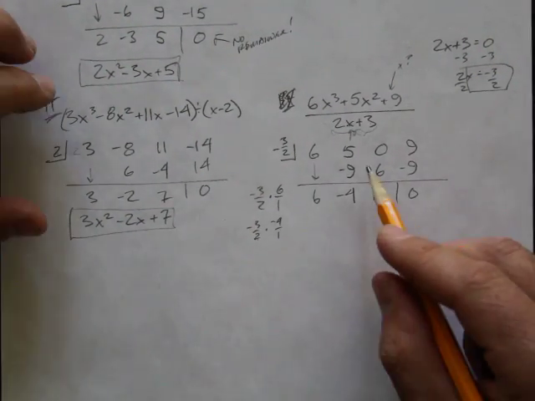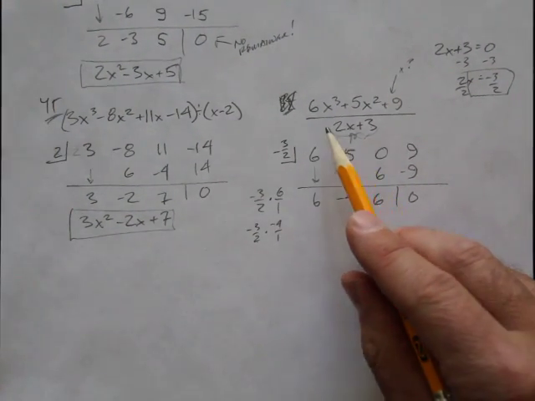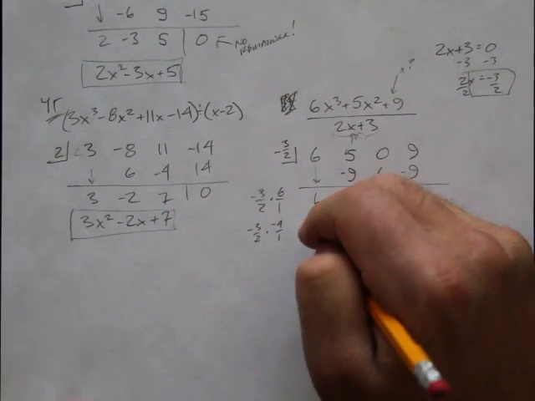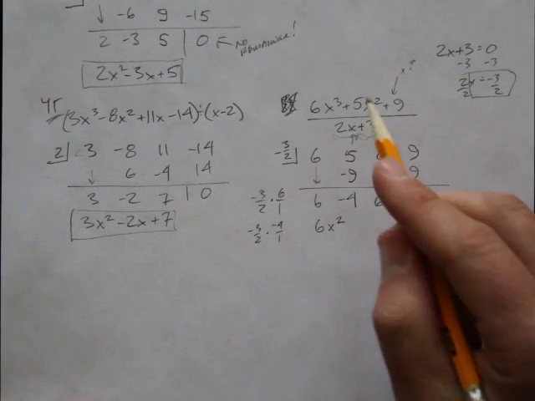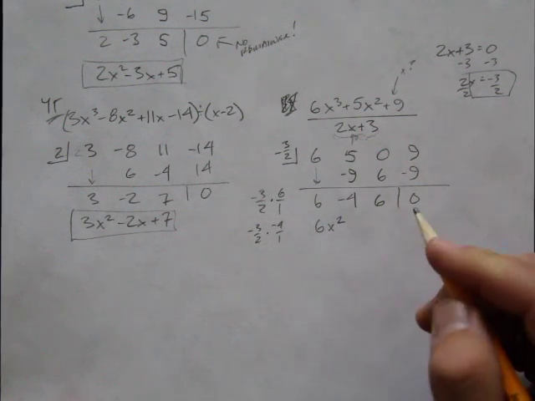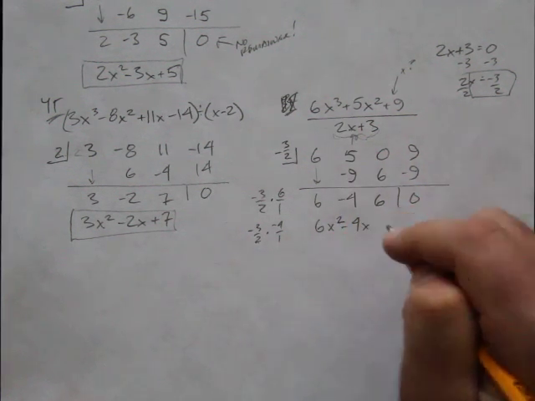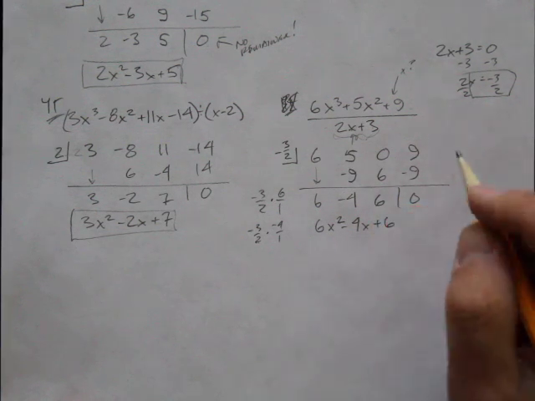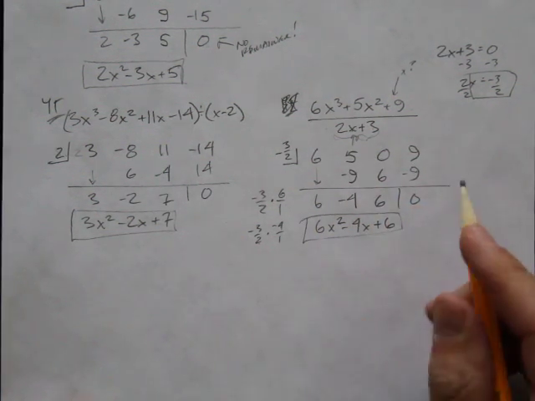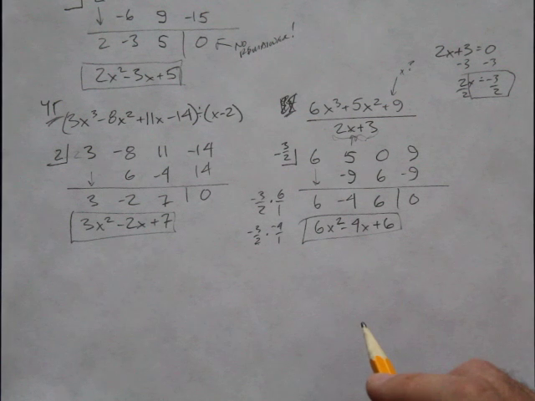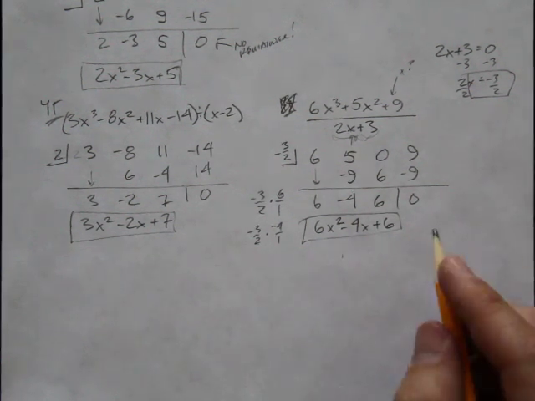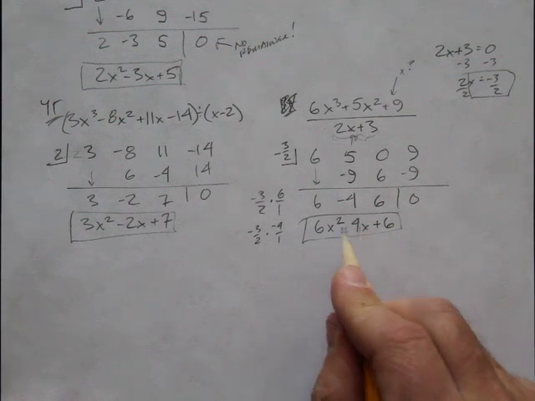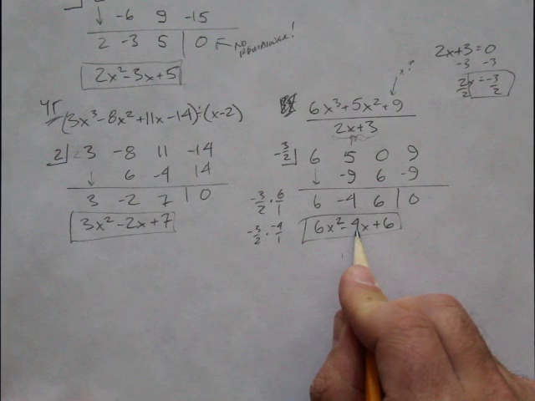That's awesome. Now I need to just rewrite this in this form here. So I've got 6x squared. Remember, we start with third, so now we step down to squared, minus 4x plus 6. There's my answer. Now, there's a better form of this answer. And that is, notice how each of these numbers can be divided by 2.